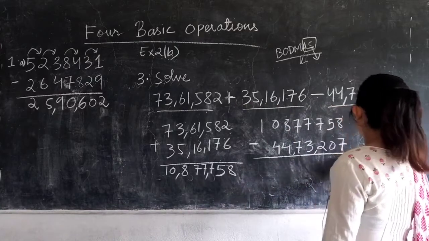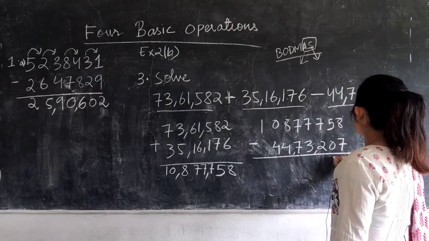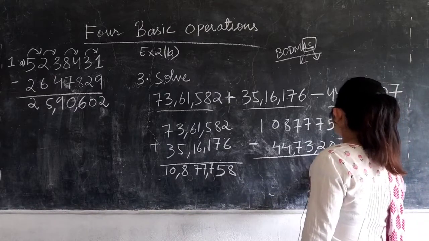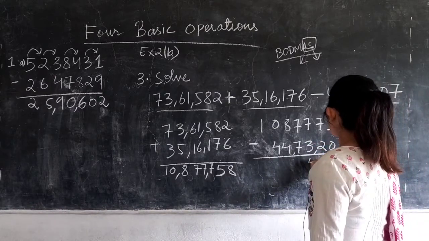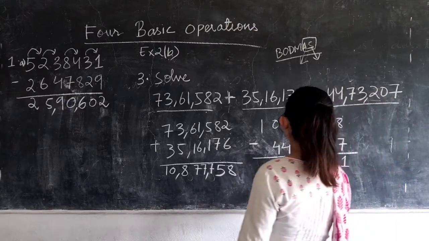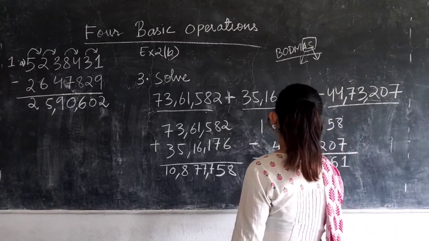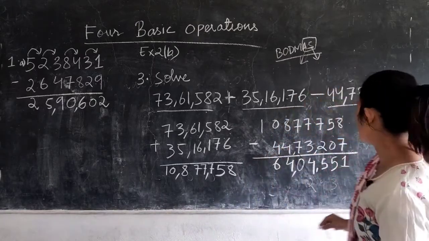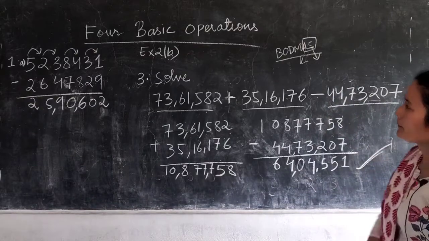So 8, 7 is 1, 5 minus 0 is 5, 7 minus 2 is 5, 7 minus 3 is 4, 7 minus 7 is 0, 8 minus 4 is 4, 10 minus 4 is 6. So this would be your answer.